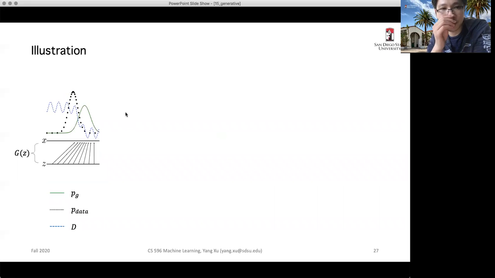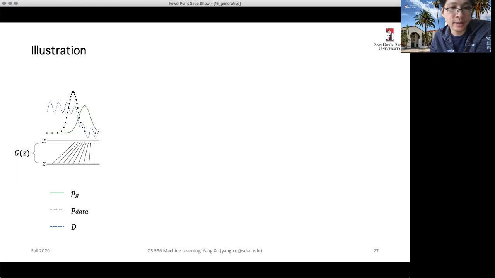These figures are from the original paper. If we illustrate the training process, the green curve is the distribution of the generator's output. The dashed line in black is the real distribution of the data.